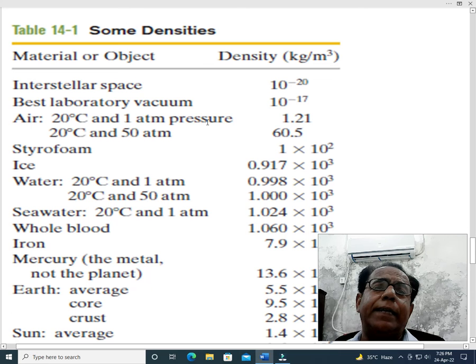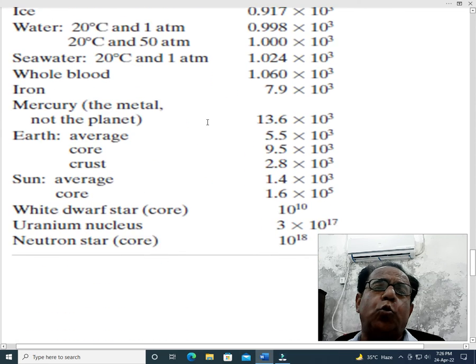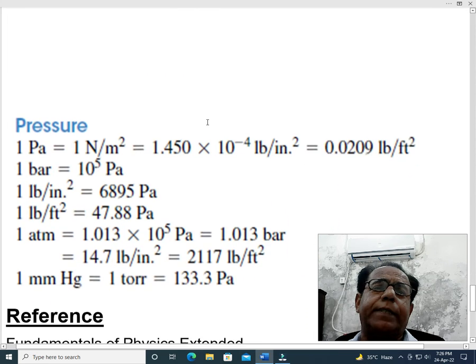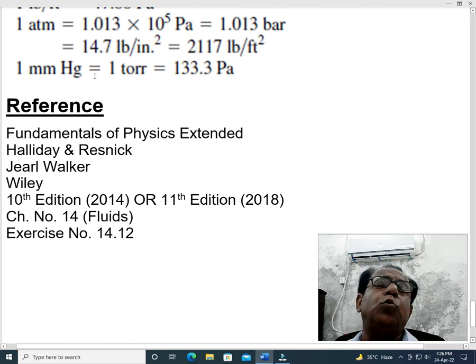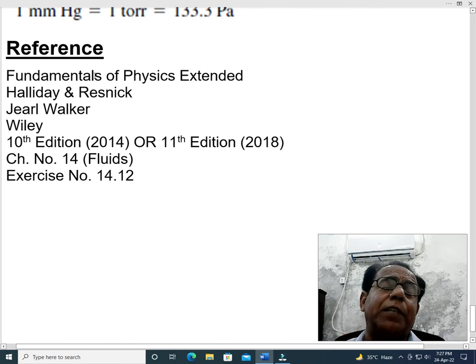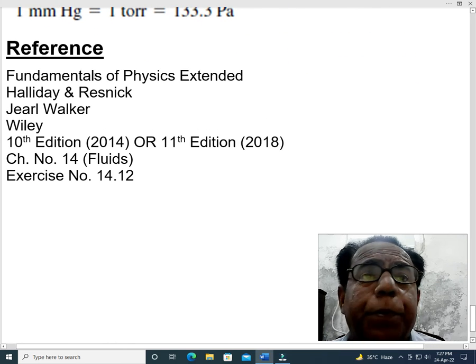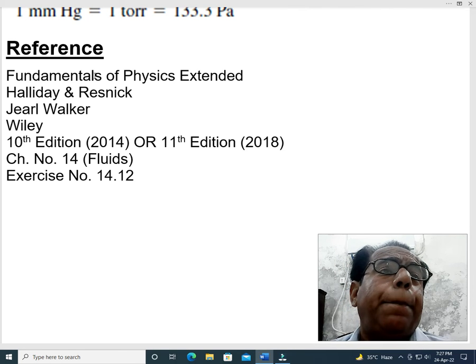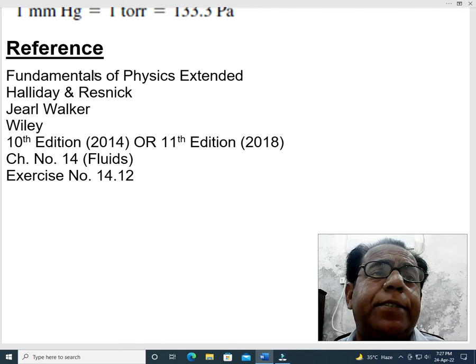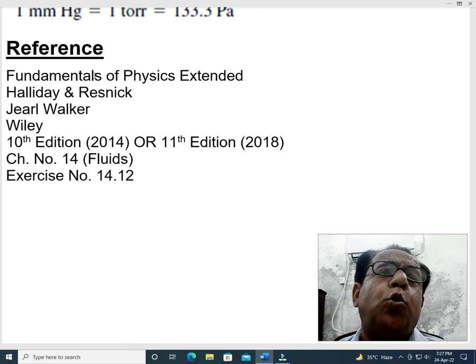We have already discussed this table, so no further need to discuss this. We have also discussed this table. Now we come towards the reference book from where this problem has been chosen. Dear students, the reference book is Fundamentals of Physics Extended. Its authors are Halliday, Resnick, and Jearl Walker, so 3 authors.